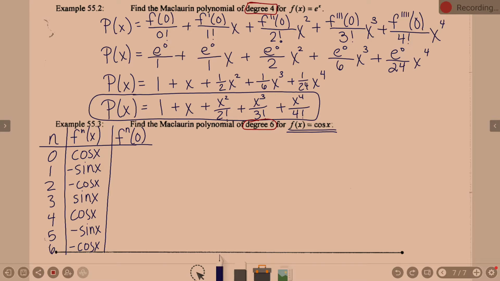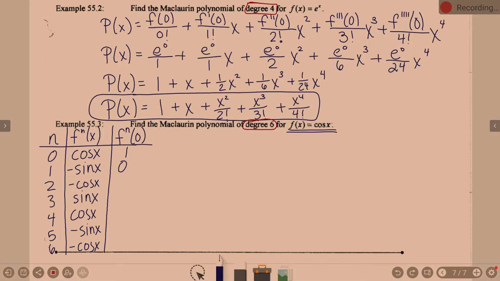So what is the cosine of 0? 1. What is the negative sine of 0? 0. Sine of 0 is 0, so positive or negative sine of 0 is 0.